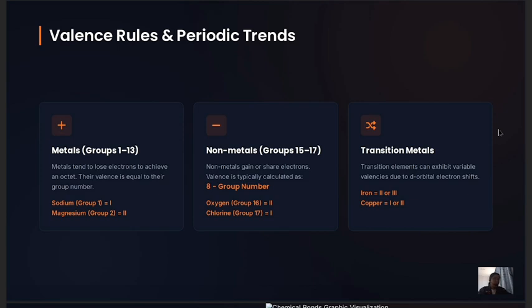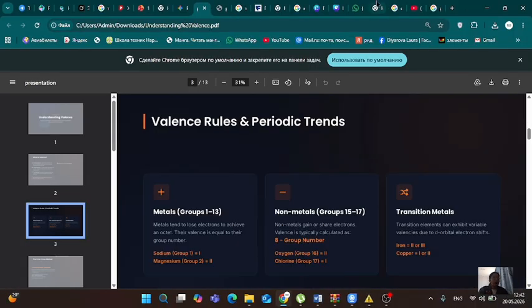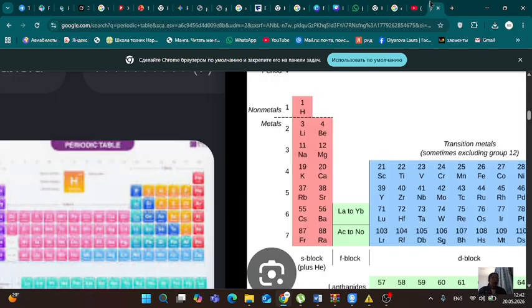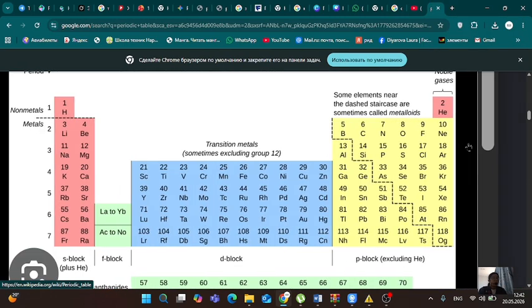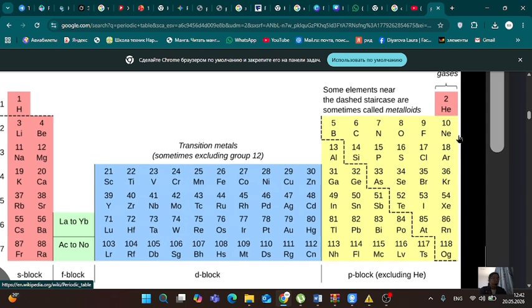Because we start our numbering from the last: first, second, third, null, 0, -1, and -2. Do you understand? This is for non-metals.